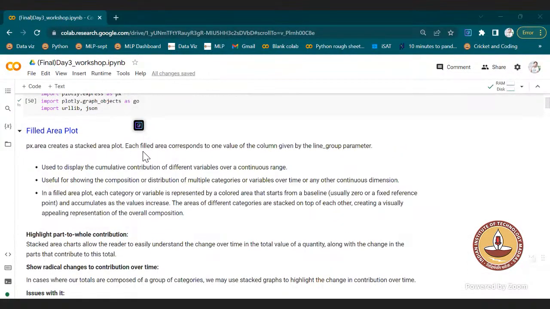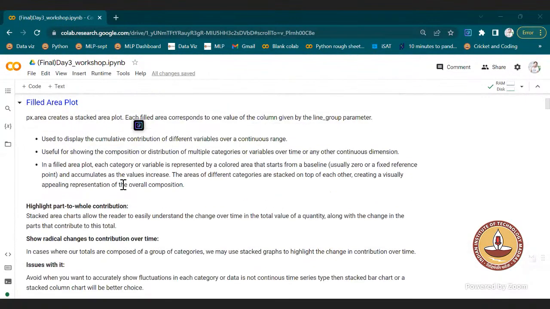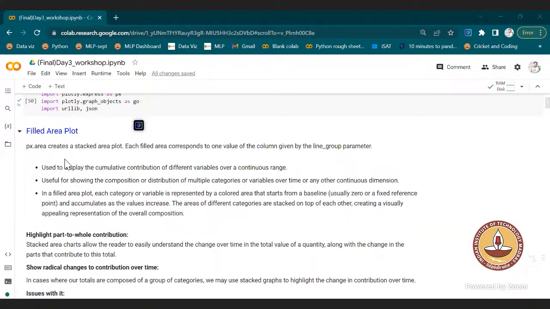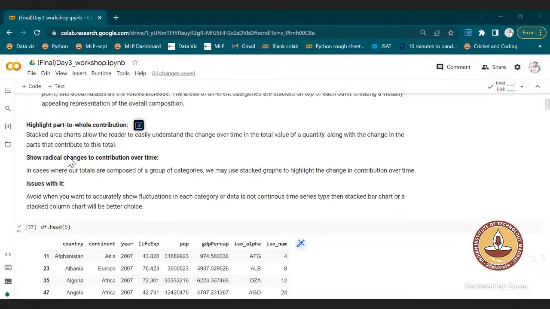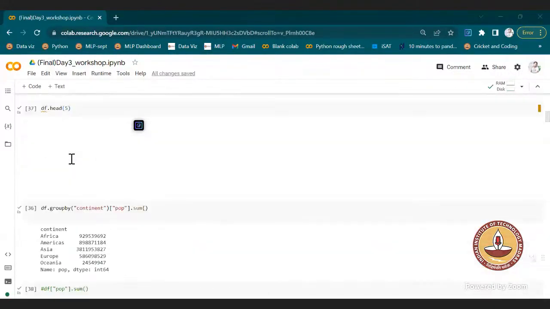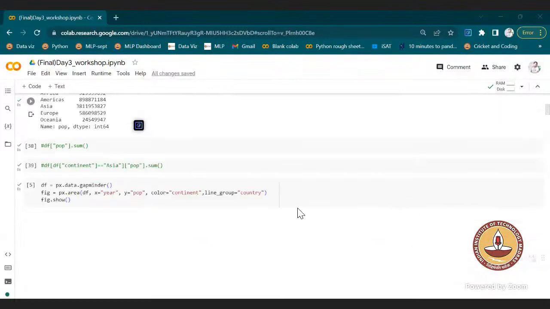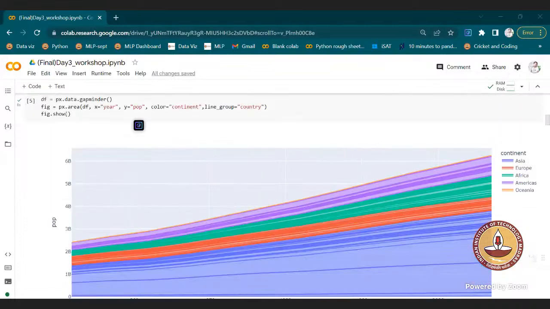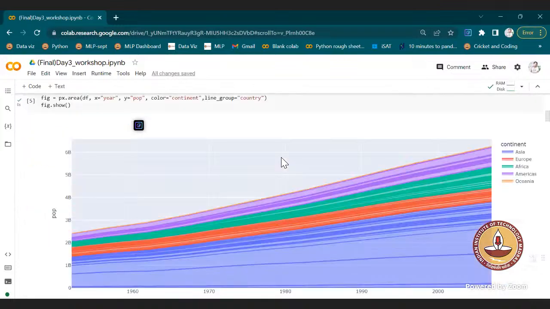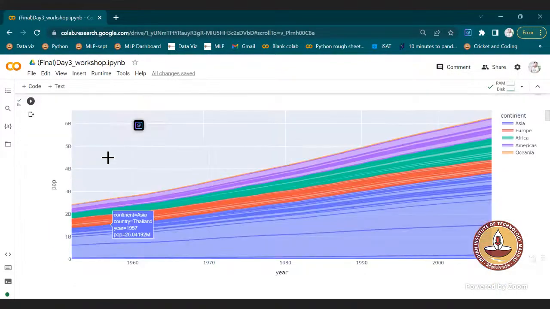So the filled area plot is basically a stacked area plot only. In this type of chart, usually you will see one continuous variable and another categorical variable.